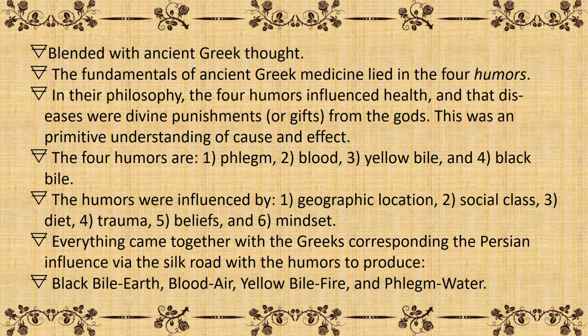So everyone had these four humors, but the humors were influenced by, number one, geographic location, number two, social class, number three, diet, number four, trauma, five, beliefs, and six, mindset. So, for example, what they're saying is, yes, everybody has these, but to what degree everybody has them is based on geographic location, and then a host of other maladies.